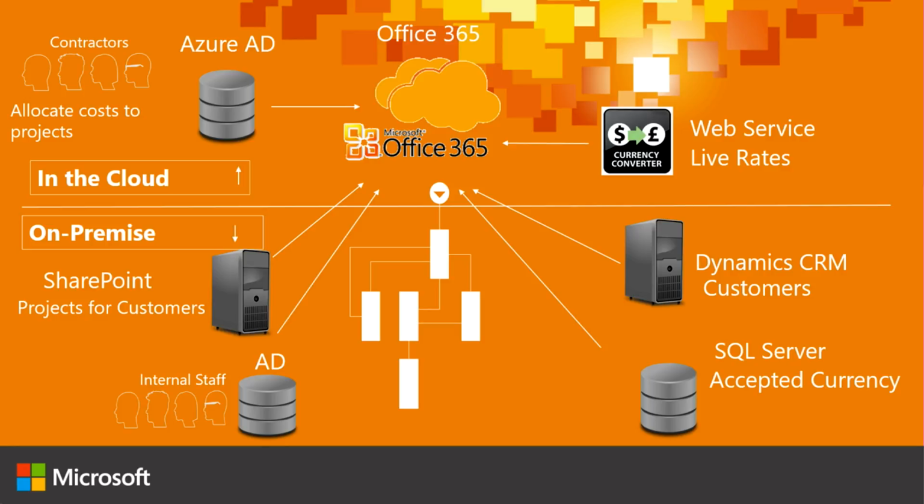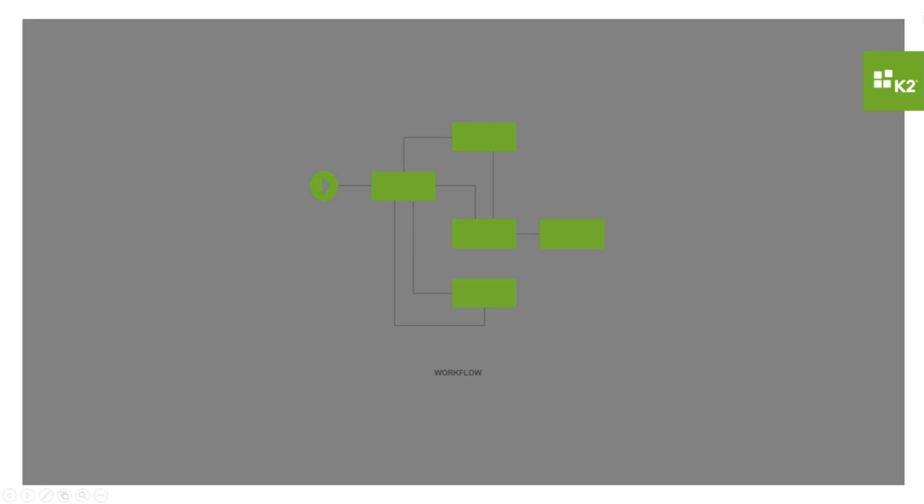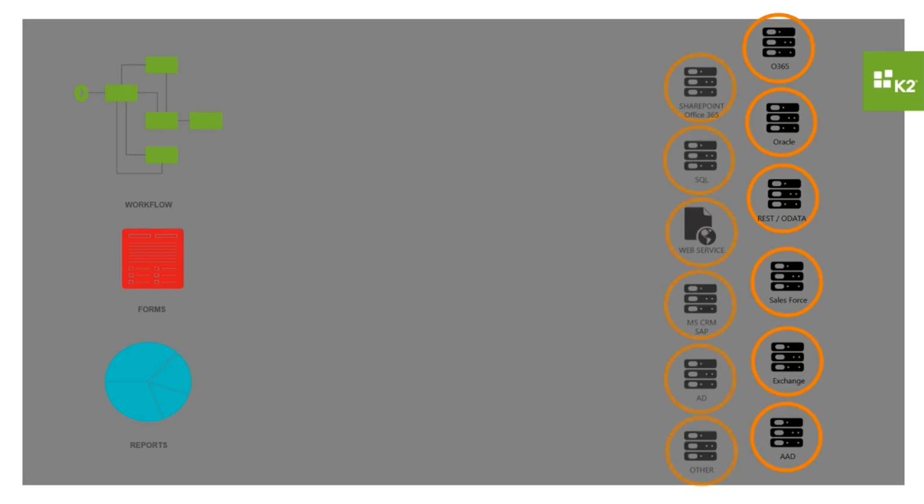All right, so how this all fits together is that from a K2 world, we spoke a little bit about having those forms, workflows, and reporting. The thing with data is that it's probably all over the place, right? So over here, we've got some data sitting inside of SharePoint in my example.